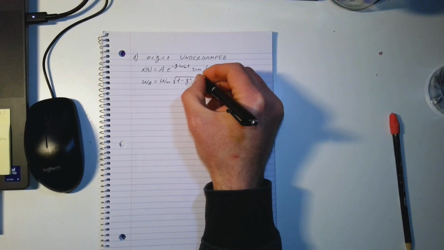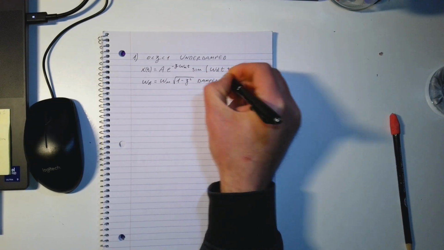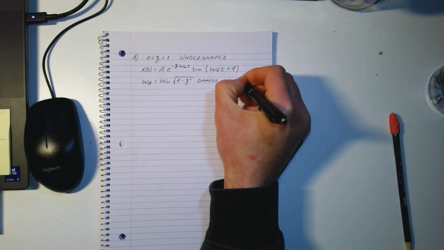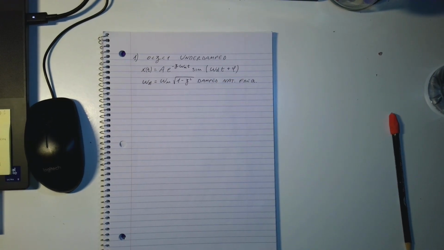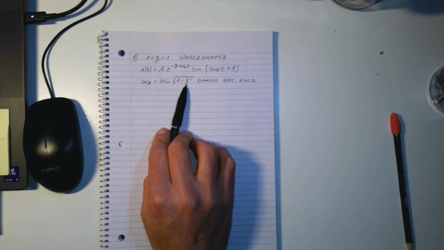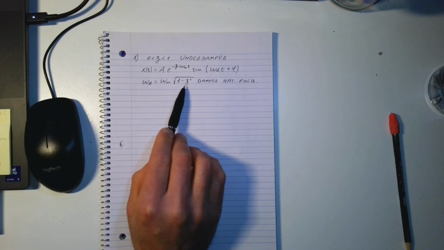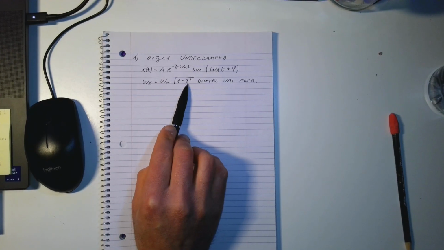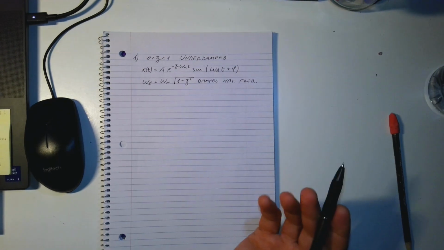So this quantity is the damped natural frequency. Of course, when zeta is equal to 0, it becomes equal to the natural frequency, because 1 minus 0 is 1, the square root of 1 is 1, so omega n times 1 is equal to omega n.